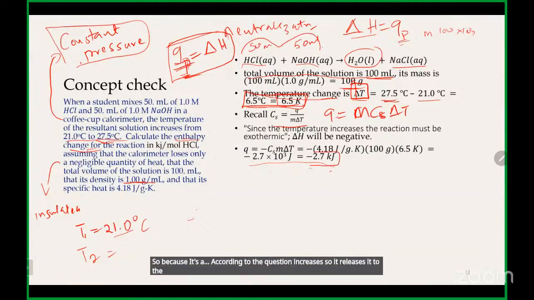So we can say that the absolute value of Q is 2.7. It's negative because energy is released to the system.